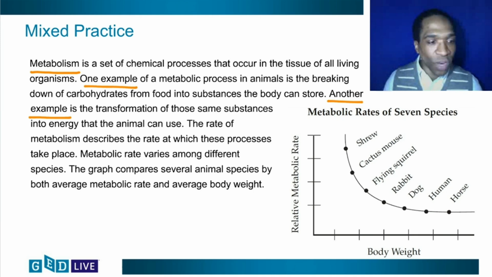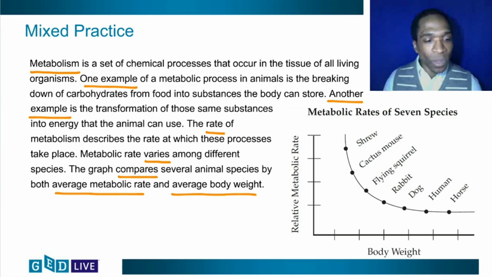After that, it mentions rate, and even moving forward there, it talks about the varying of the rate. Okay, and then moving forward, right at the end, there's a comparison of animal species in regard to average metabolic rate and average body weight.